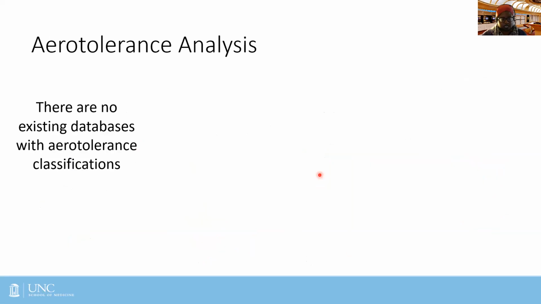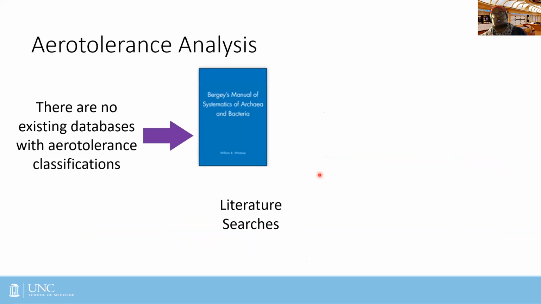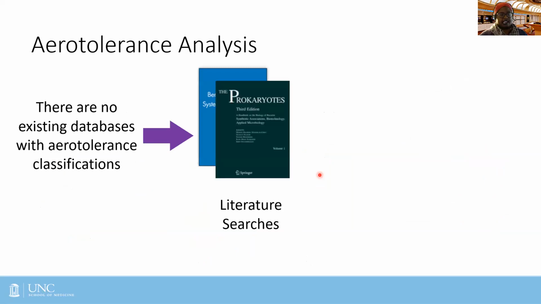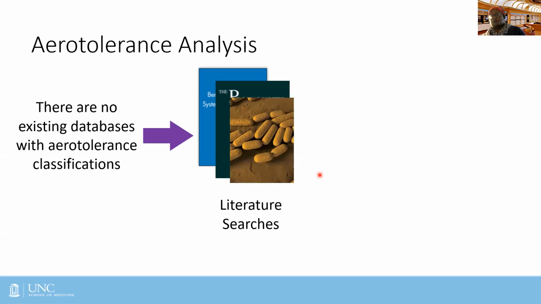So the next thing we did was an aerotolerance analysis. And this came to one of the first problems I noticed within doing this research: there is no existing database with aerotolerance classifications. So we went old school and did literature searches, mining literature by primary sources such as Bergey's, The Prokaryotes, and the International Journal of Systematic Bacteriology.